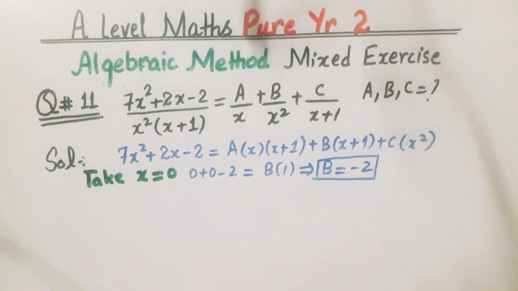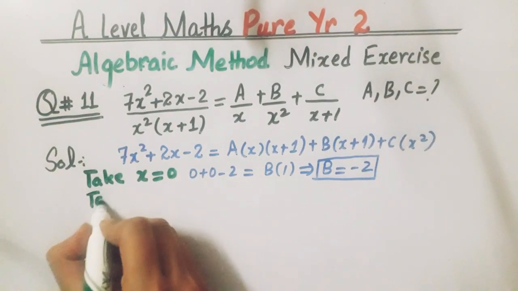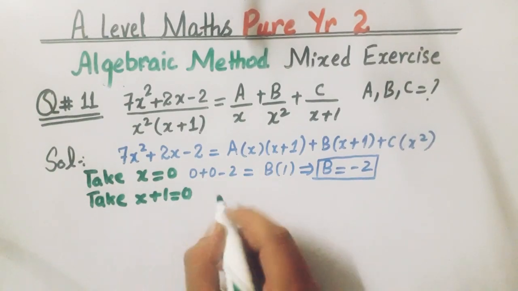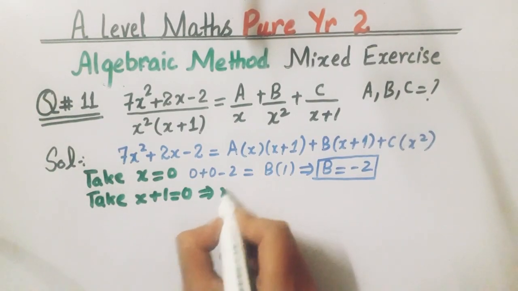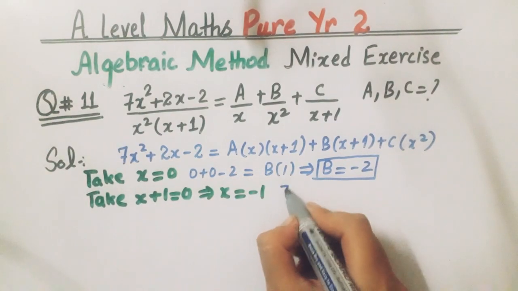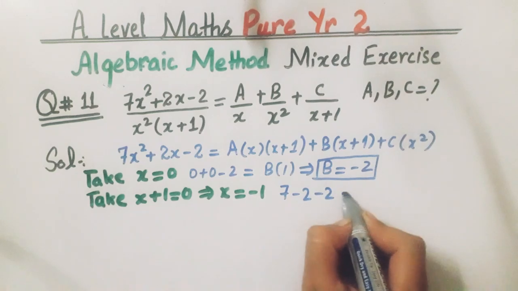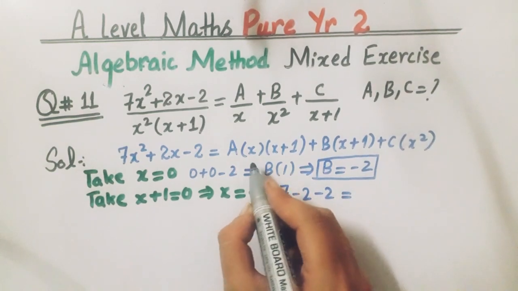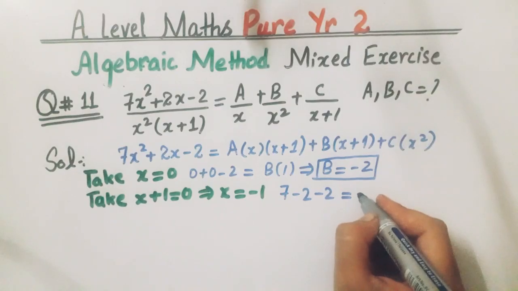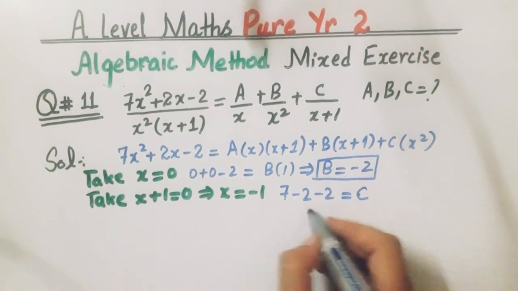Now we take x plus 1 equals 0, which implies x equals minus 1. So we get 7 into minus 1 square, which is 7, minus 2 equals, x is minus 1, so this factor is 0 and this is also 0, so plus c, minus 1 square is 1.